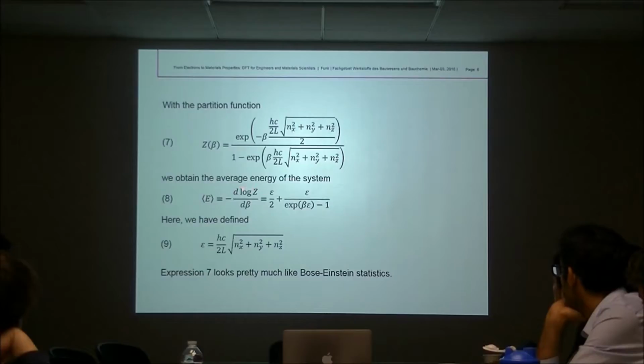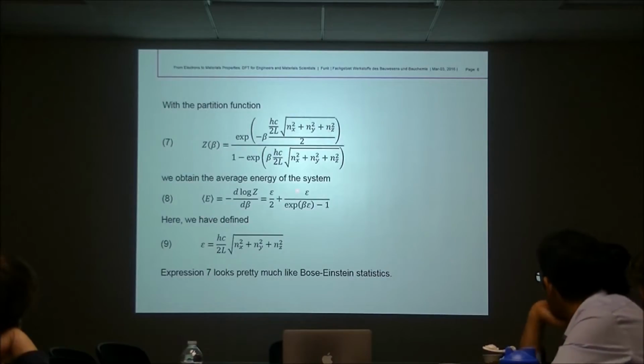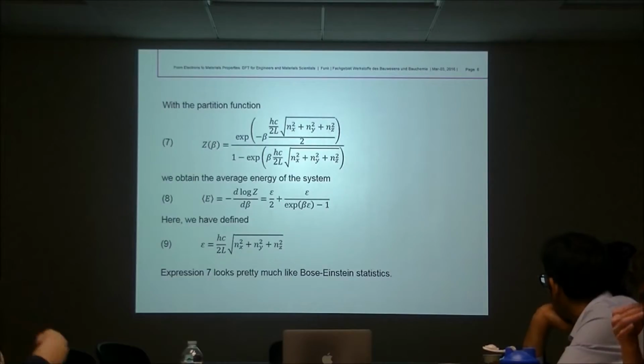Now, sorry, this should mean 8. So this part here reminds one of Bose-Einstein statistics, which is not so surprising because photons are bosons, so they should follow these statistics.